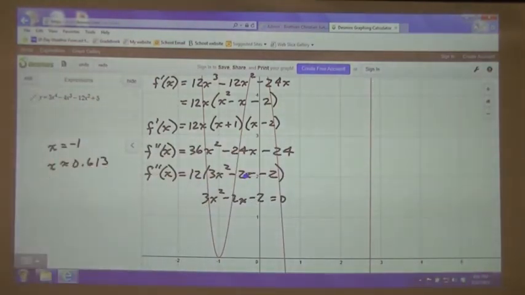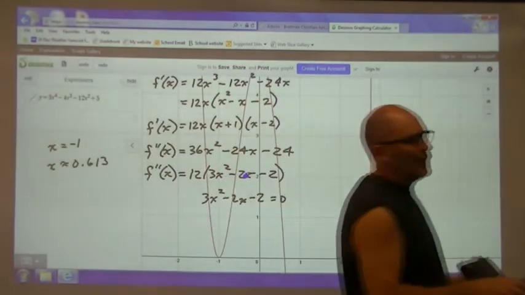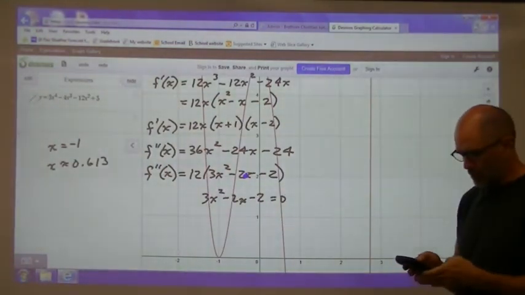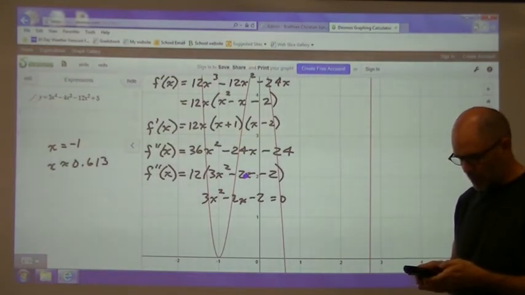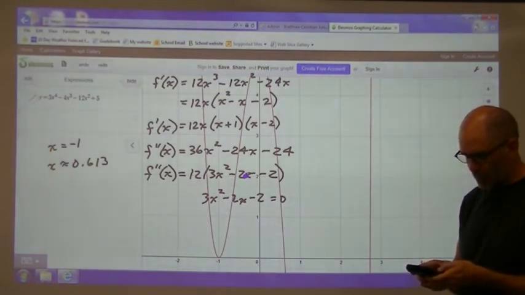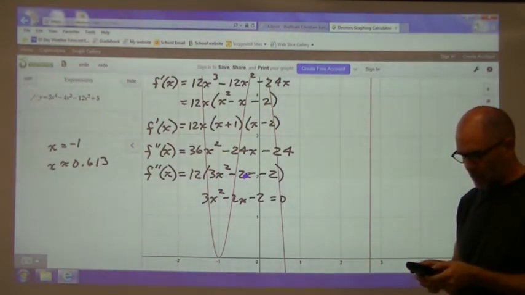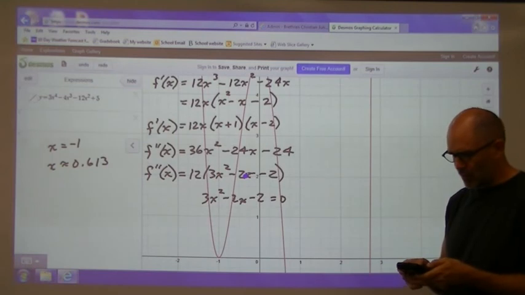Okay, you work this out on your calculator. What the heck happened to my calculator?